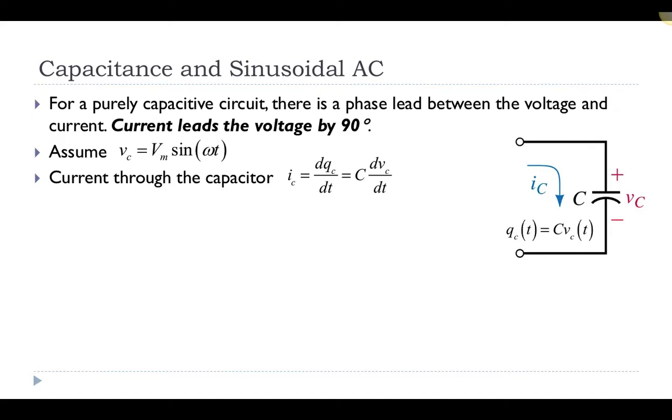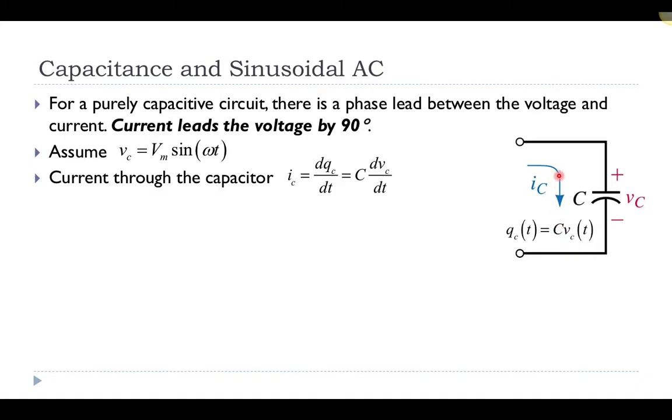across that capacitor. So if we assume that the voltage across a capacitor is varying sinusoidally with an amplitude of Vm, then our goal is to try to write down an expression for what the current would be that passes through that capacitor given the voltage. So we know that the charge on a capacitor as a function of time depends on the capacitance and the voltage across the capacitor.